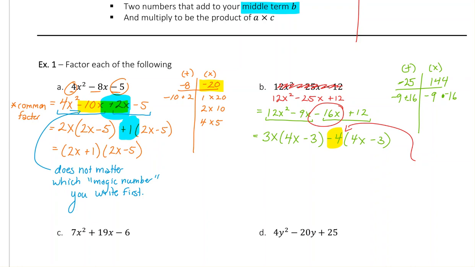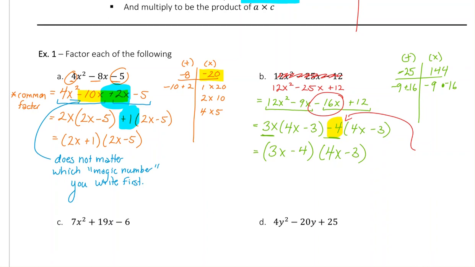Okay, so if that second value is negative, factor out a negative. If that second value is positive, factor out a positive. Okay, and now that we have the same thing in the brackets, we will rewrite our factors. 3x minus 4, so that's here and here, and then we have 4x minus 3, and we're done that problem.